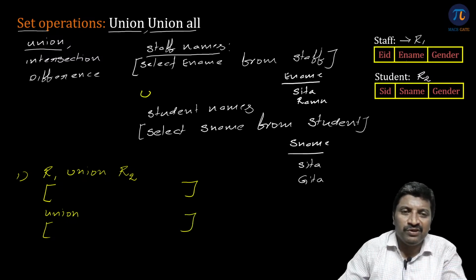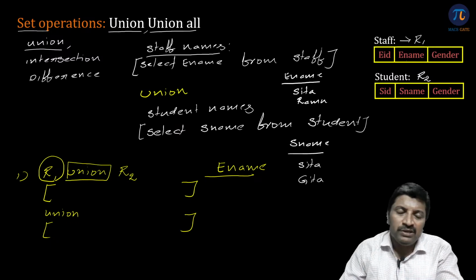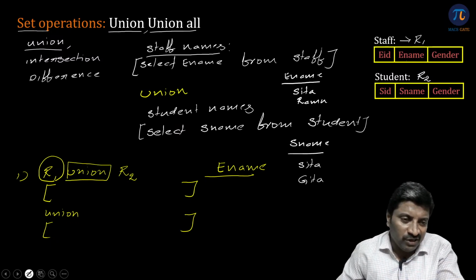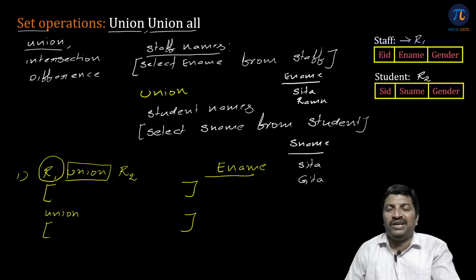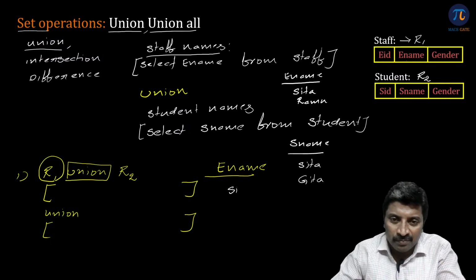That is, in between you need to specify union. Then the column name will be the name from R1, so in the result we will see e-name only, because you have not given any name. Sita is a common name for students as well as staff. Whenever you apply union, if there are common elements, they will be displayed only one time.